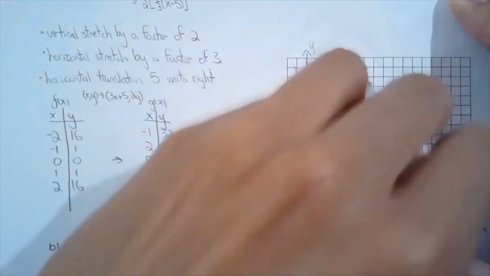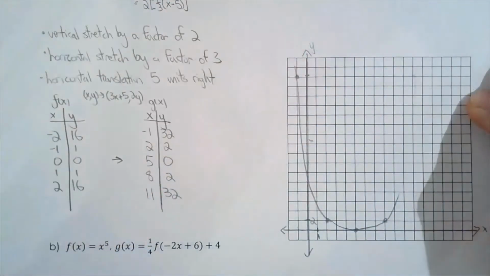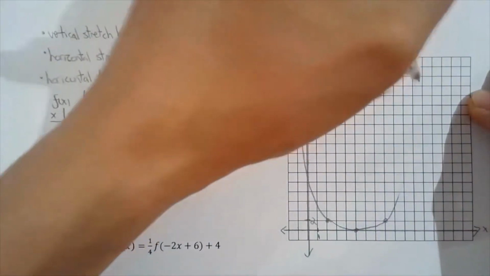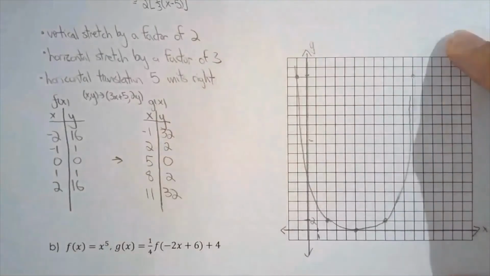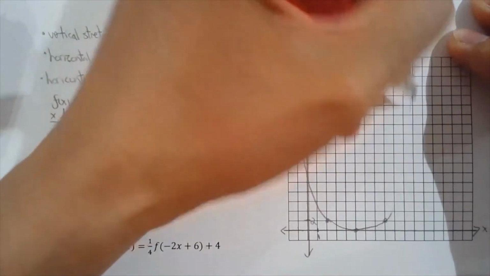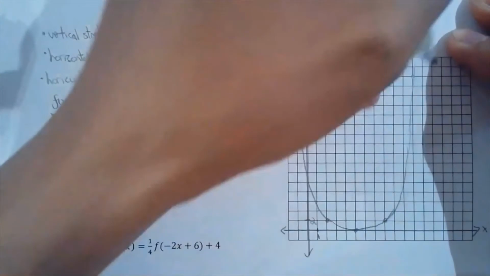Let's try that again. Do I see line symmetry about the line x equals 5? And the answer is yes. So, feeling pretty good. Oh, I'm having a hard time doing this one. All right, let's give it more space. Let's start from here. Beautiful.